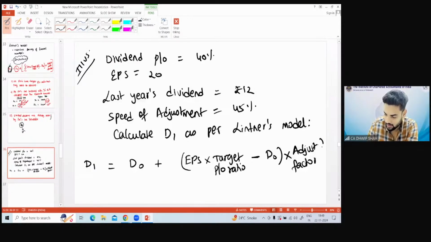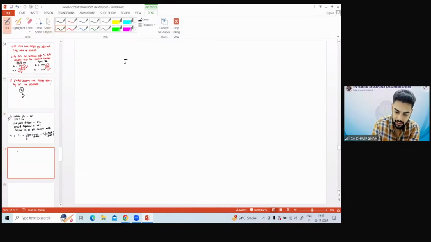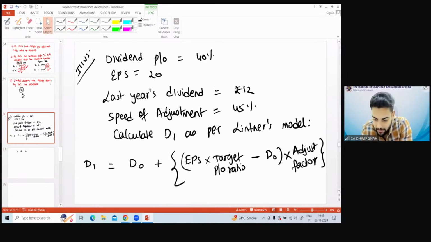Yes or no? This is the formula. Correct? So my D0 is 12 plus EPS is how much? EPS is 20 and my target payout ratio is 40%.